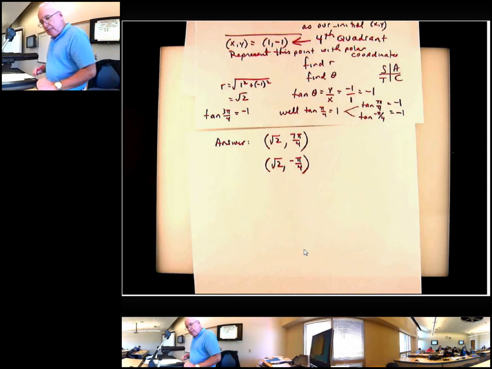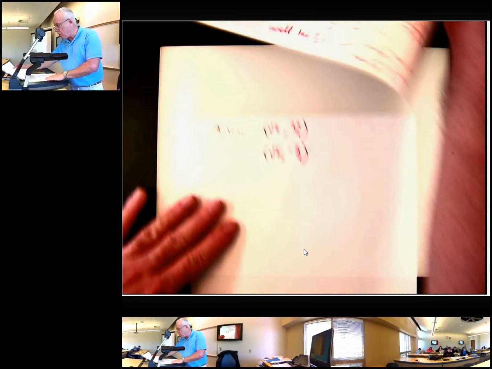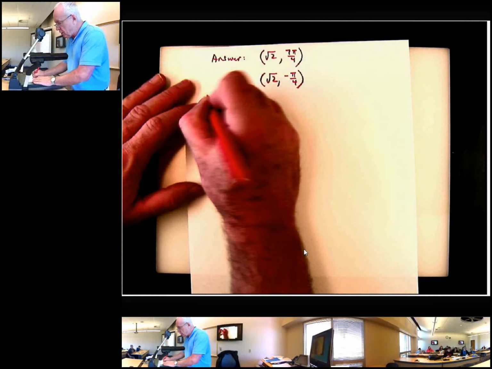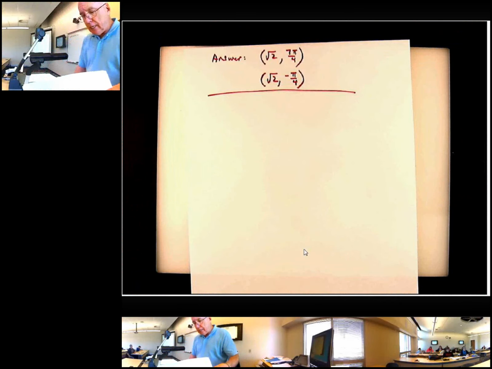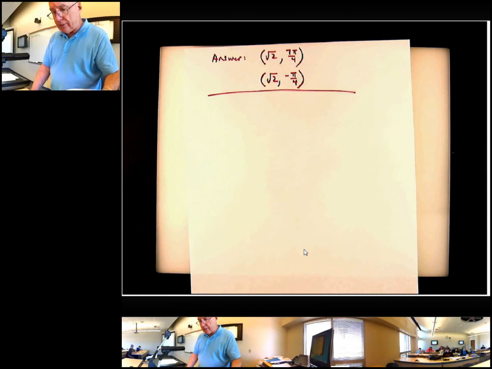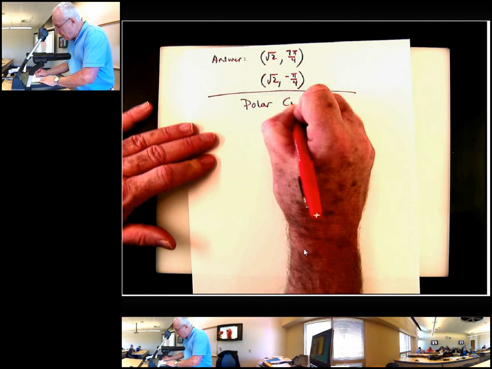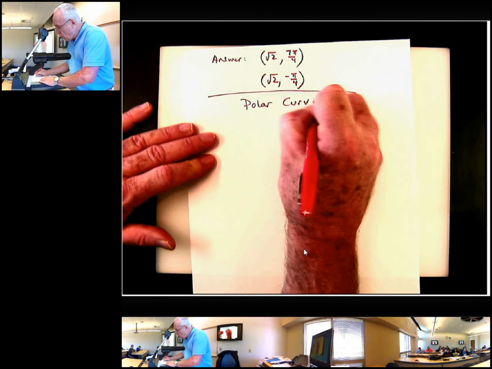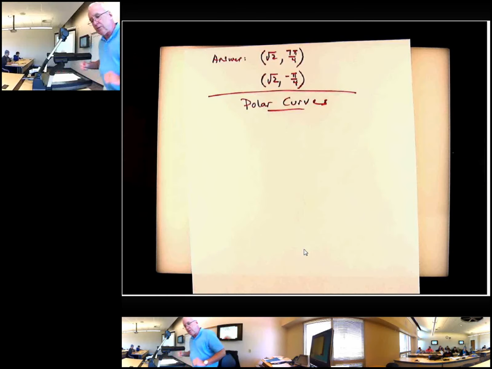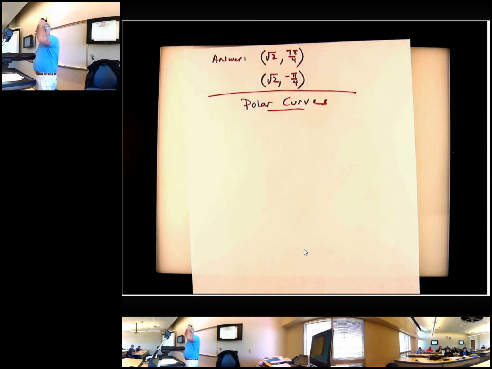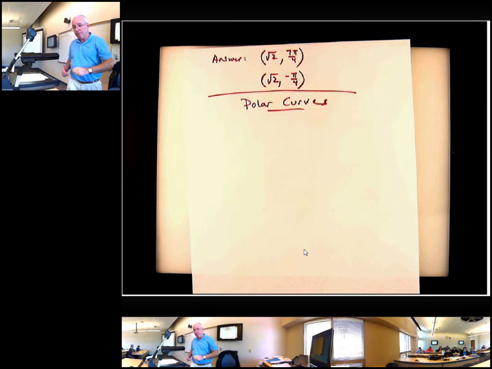Now what we're going to get into is what are called polar curves. I'm not sure today if we're going to get into the actual calculus of this. I don't think we are. That'll be on Friday. Okay, polar curves. Well, polar curves are represented using the variables r and theta.